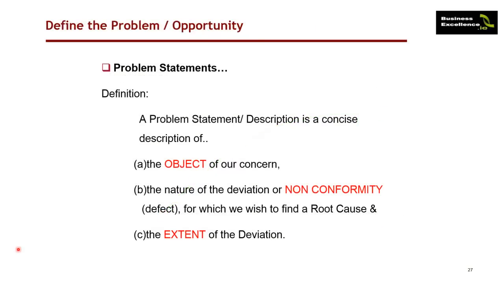A problem statement is made up of three parts. It has an object, as in something that we're worried about that's not performing at the level we expected. There's something about that object that's non-conforming. There's a deviation, there's a non-conformity. This is the thing that we wish to find the actual root cause of. And finally, there is an extent by which this is non-conforming.